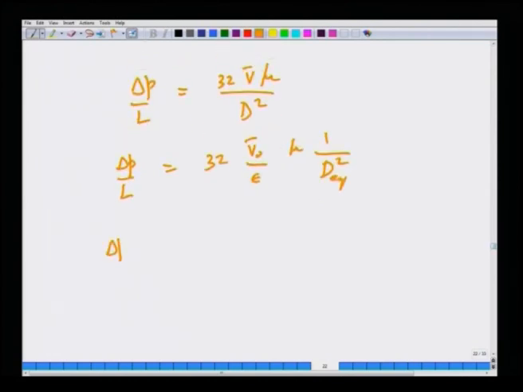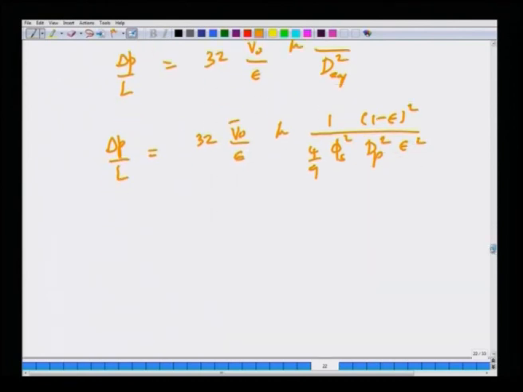So, you get delta p by L as 32 V naught by epsilon mu, times 1 over 1 minus epsilon squared by epsilon squared, times 4 by 9 phi s squared d p squared, just after substituting the expression for d equivalent that we derived a few minutes back.